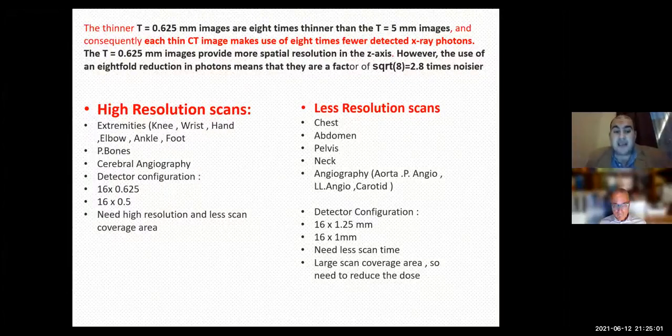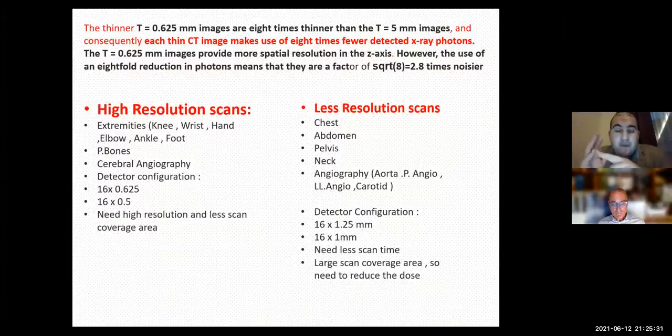But using 16 times 0.5 or 16 times 0.625, you are exposing the patient to a higher dose of radiation, increasing scan time, causing tube overloading on the X-ray tube, and sometimes needing to leave the X-ray tube to cool down. So you have to select which detector configuration you need for the scan.